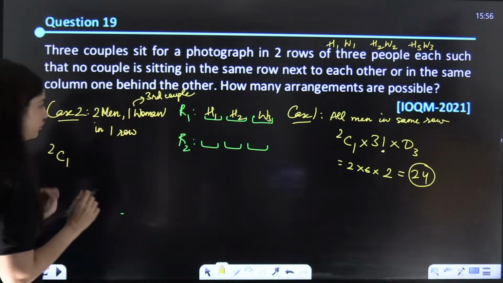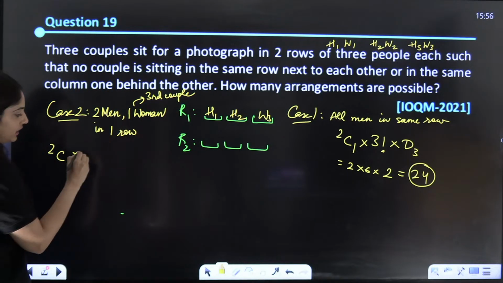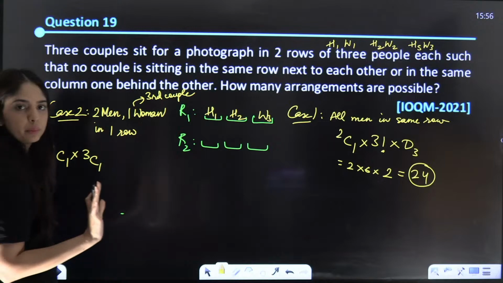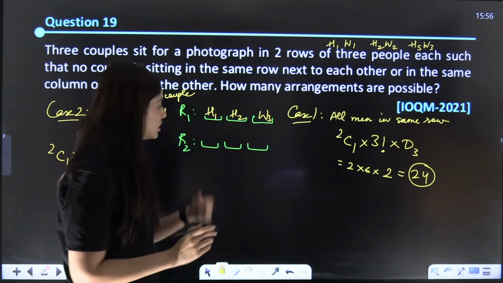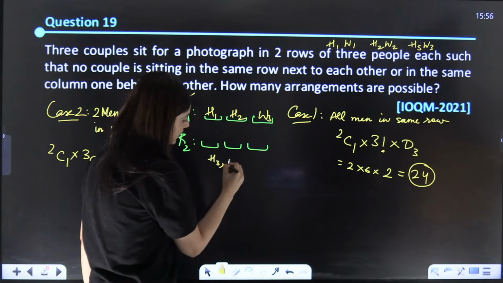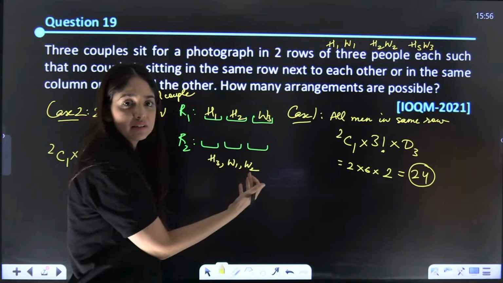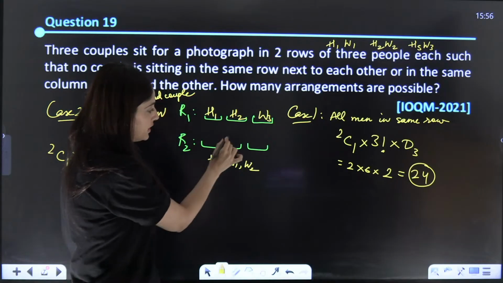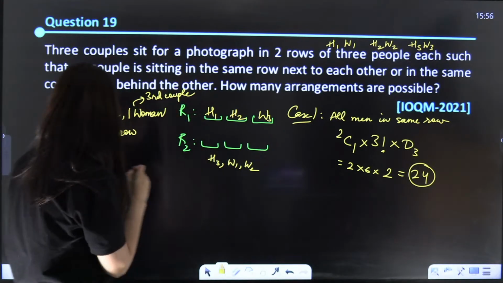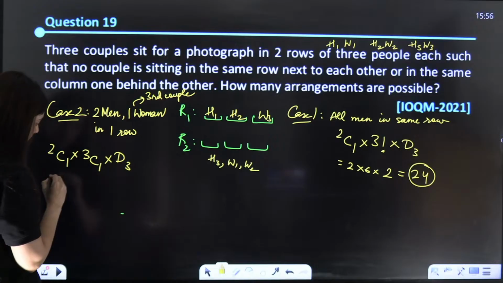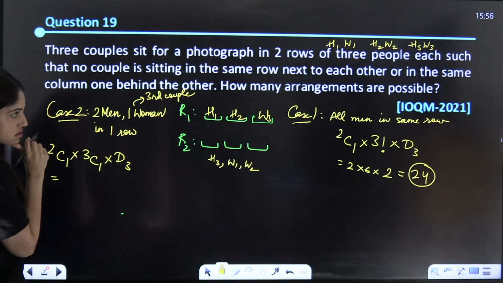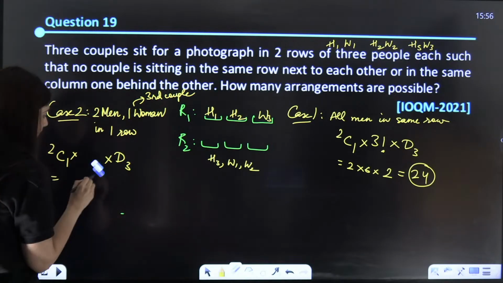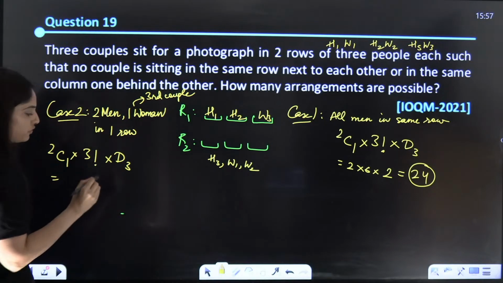So we first selected which row, and now we have to select the seat for the woman. Right? It can either be here or here or here. So 3C1. Now we have to arrange the remaining H3, W1, W2. Now it's the same as a derangement. H3 cannot be here, W1 cannot be here, W2 cannot be here. Right? So this is again D3. Actually, we don't even have to do 3C1. We will just do 3 factorial. Why?